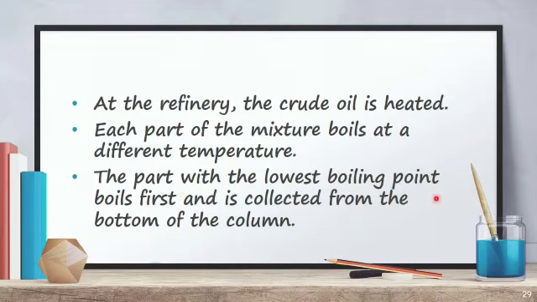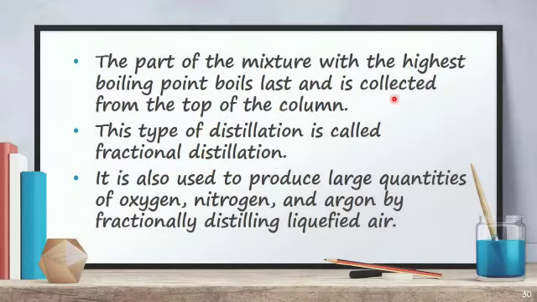The part with the lowest boiling point boils first, and it is collected from the bottom of the column, and similarly the part with the highest boiling point is collected from the top of the column. This type of distillation, in which each fraction is distilled according to its boiling point, is called fractional distillation. This process is also used to produce very large quantities of gases like oxygen, nitrogen, and argon by fractionally distilling liquefied air.